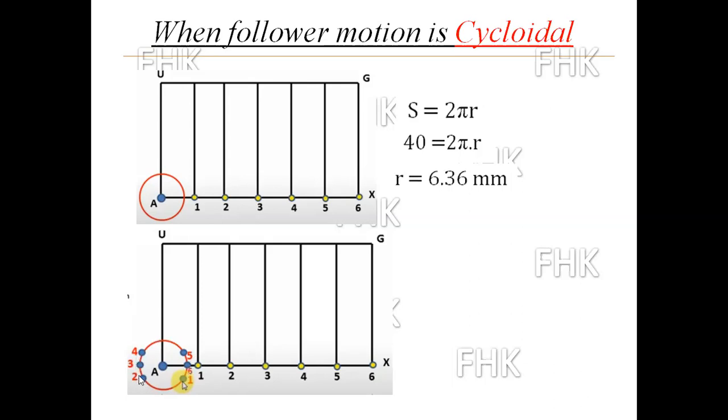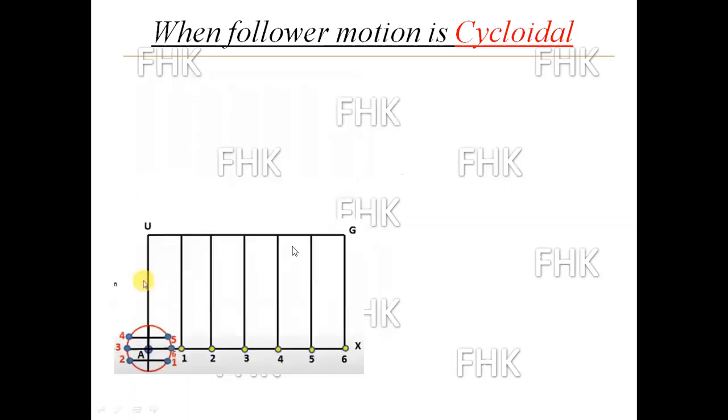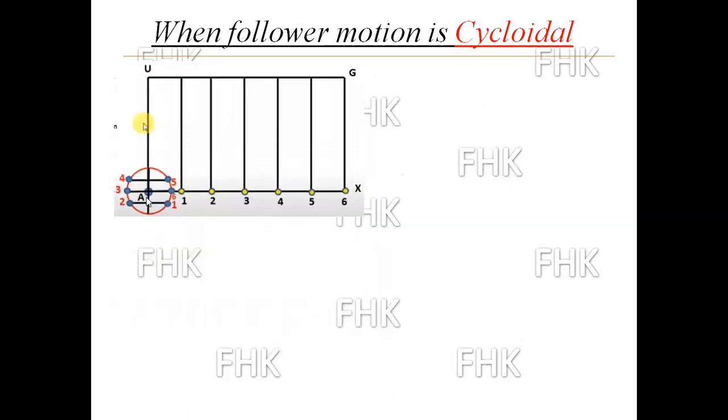Don't be confused by looking at this figure; you will draw whatever is needed on your drawing sheet. Okay, now after that I will join A1, A2, A3, A4, A5, A6. Or you can directly join 1 to 2, 3 to 6, 4 to 5.